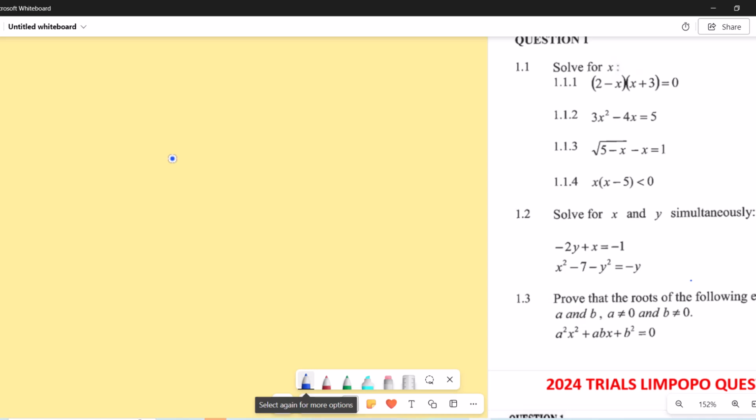Okay, so here on 1.2, we have minus 2y plus x equals negative 1. So what do we do here? We are going to take the negative 2y to this side, positive, so it's going to be x equals 2y minus 1.